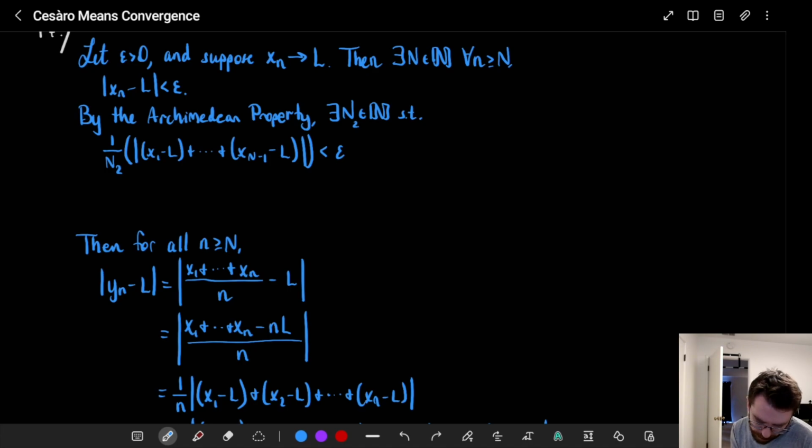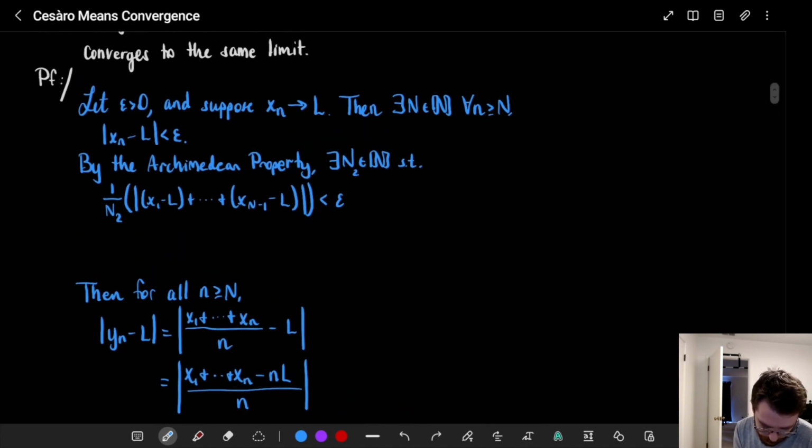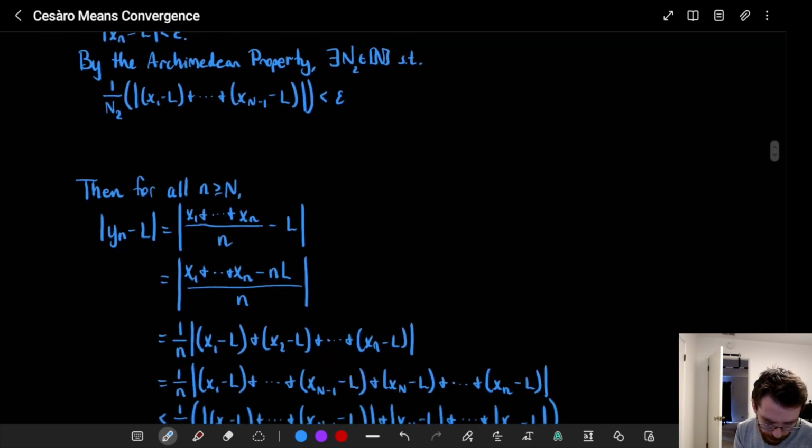Let me relabel some things as well. I have an n2 floating around and an n floating around. Just to keep it consistent, let's call it n1. This is part of what I mean when I say analysts always have to go back and edit what they were working on before.